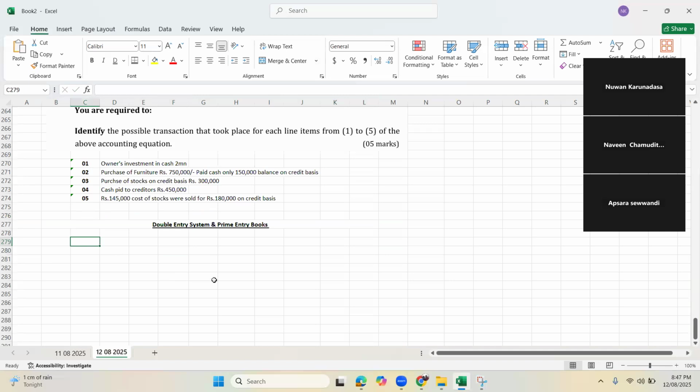So here I must explain two things first. One is the double entry system.